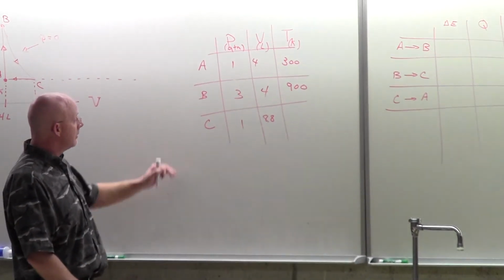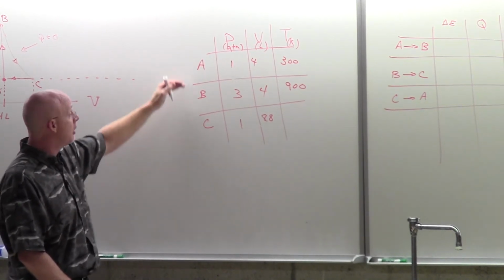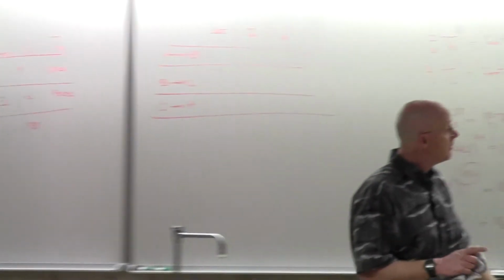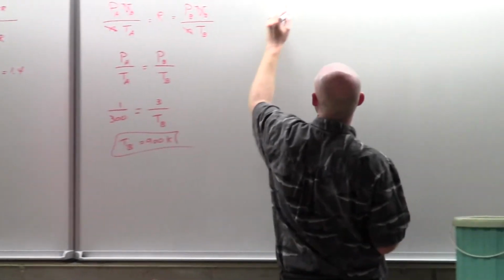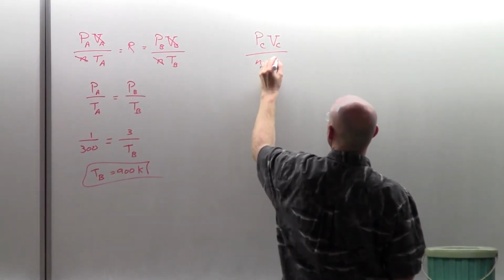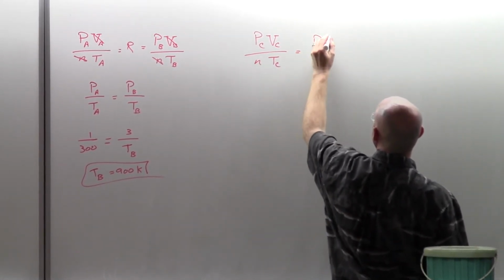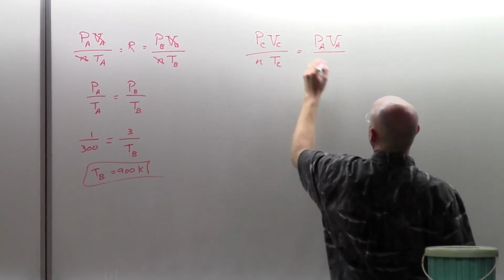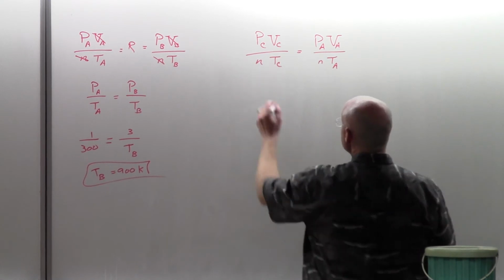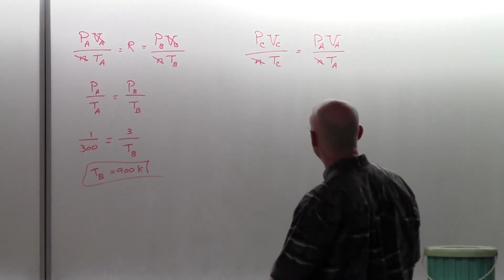Well, again, we know that B and C are connected through the adiabatic, but we also know A and C are connected isobaric, right? And so maybe that's the approach to go. The pressure at C times the volume at C over the number of molecules and temperature at C would be the same as the pressure at A times the volume at A over N times the temperature at A. What's nice is that A and C have the same number of molecules, so that goes away.